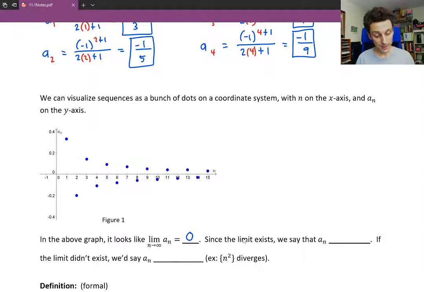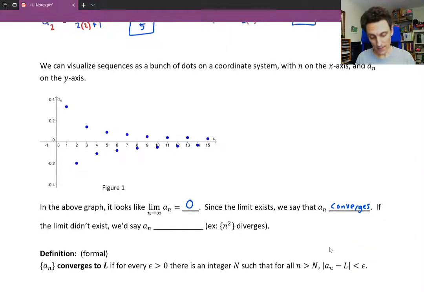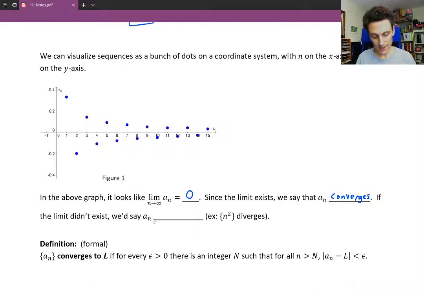And in this case, if the limit exists, we would say that a sub n converges. It converges to 0. And if the limit does not exist, we'd say that a sub n diverges.